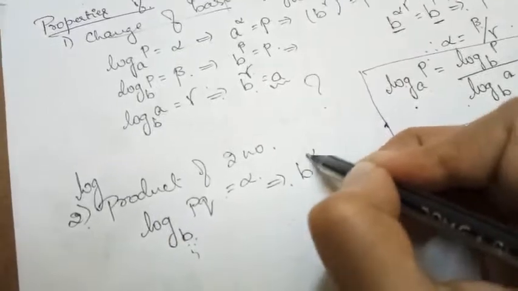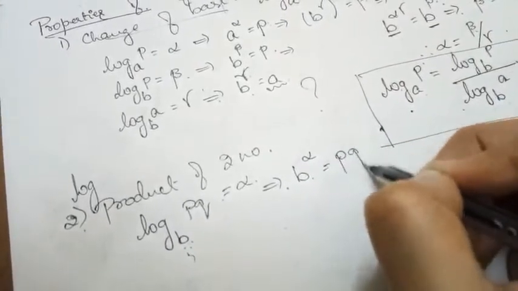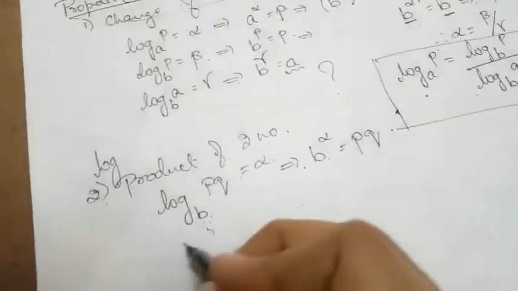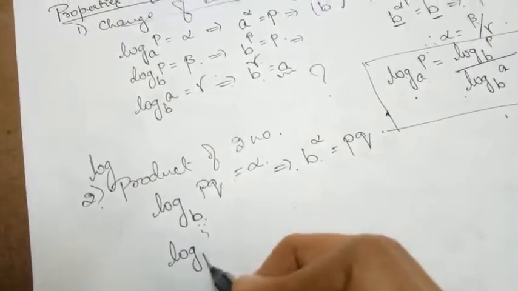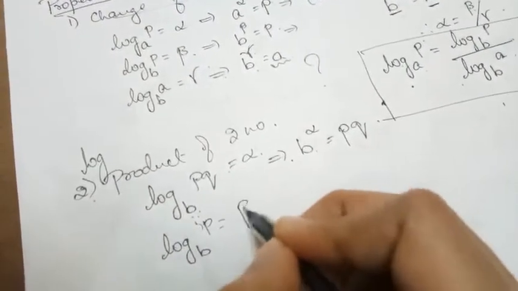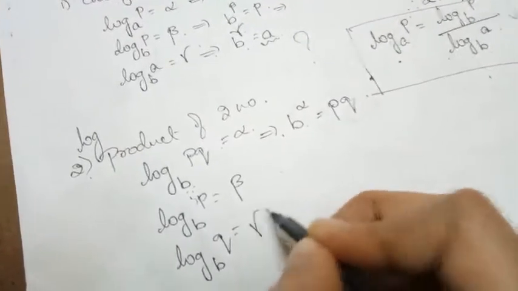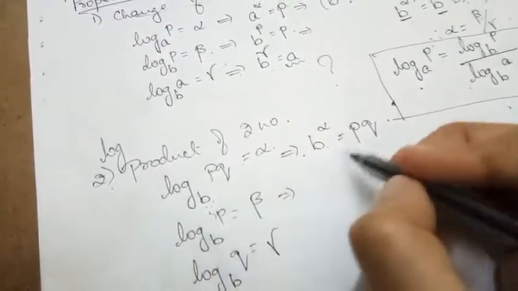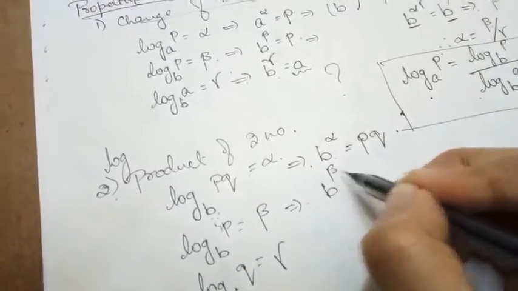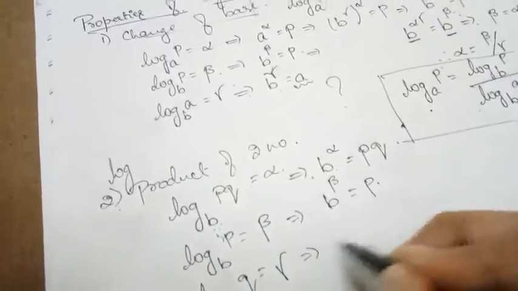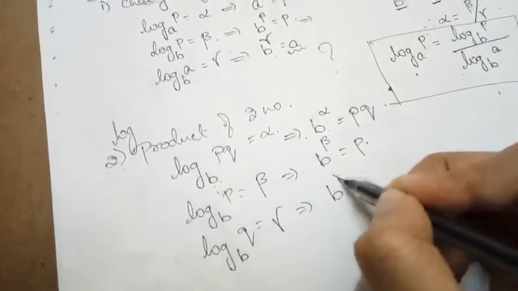B to the power alpha is equal to pq. And if I consider log base b of p as beta and log base b of q as gamma, what does this imply now?